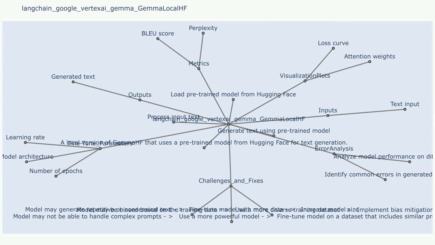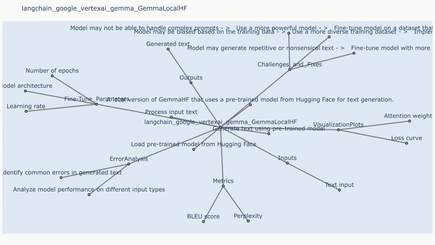Visualization plots. Visualization plot 1. Confusion matrix. For classification tasks, a confusion matrix visually displays the model's performance, showing correct and incorrect predictions for each class. Visualization plot 2. Precision recall curve.